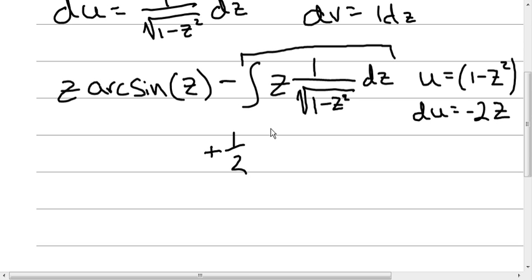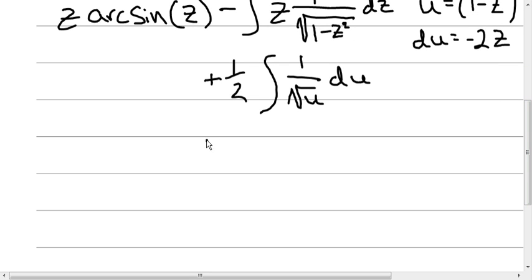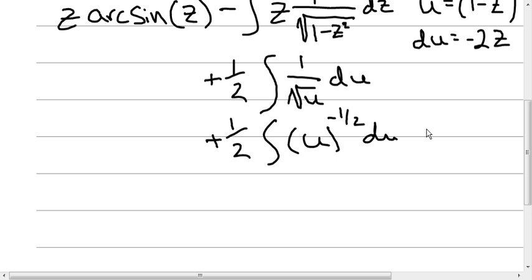Now we have our integral, and when we do our u substitution, we're going to have 1 over the square root of u du. But of course I would tend to write this as plus 1/2 integral of u to the minus 1/2 du.